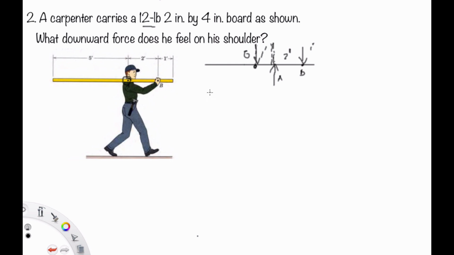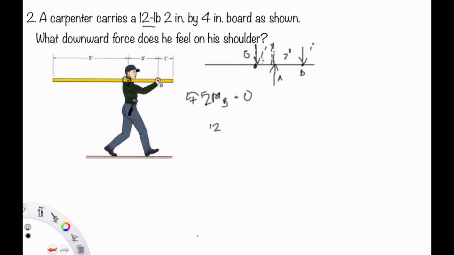You can write this directly as sigma M about B. We cannot use A because that is what we're looking for. The assumption here is that counterclockwise is positive, and the sum is 0.